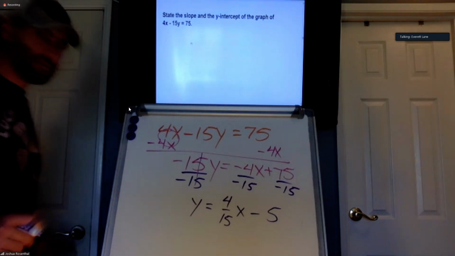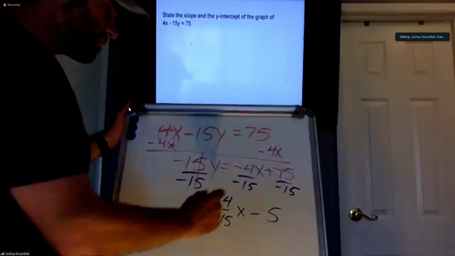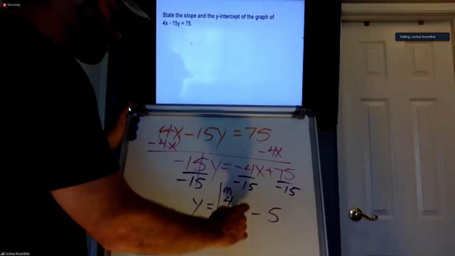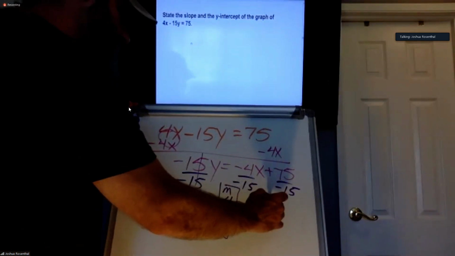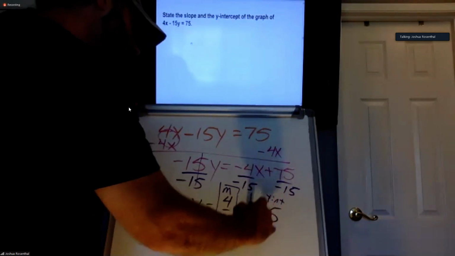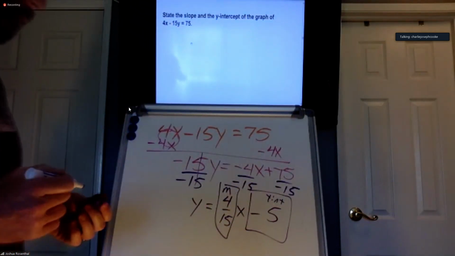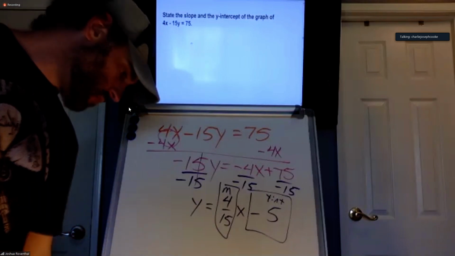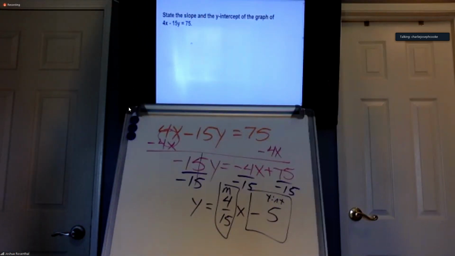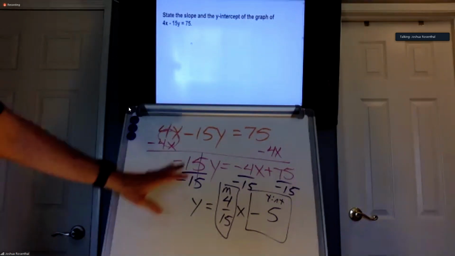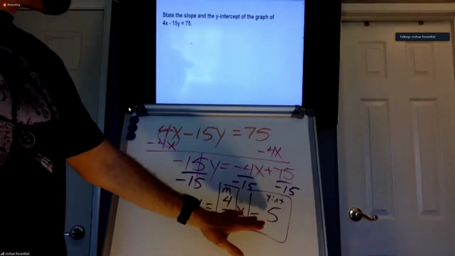Don't worry. He's okay. All right, this is your slope. This is your y-intercept. Don't forget, it's negative 5, not 5. So when you're trying to isolate y in these problems to find the slope, you get it all the way into slope-intercept form.